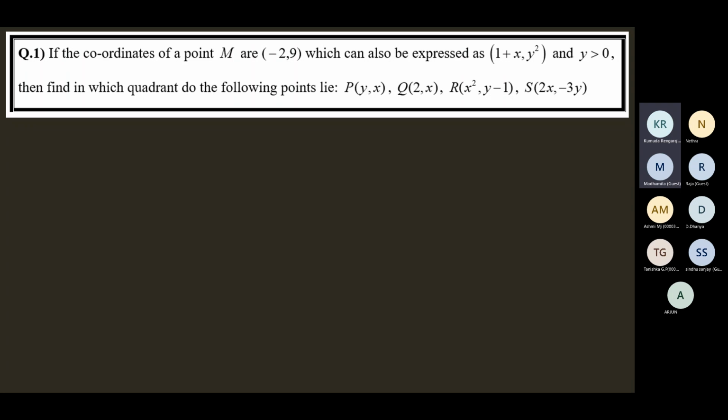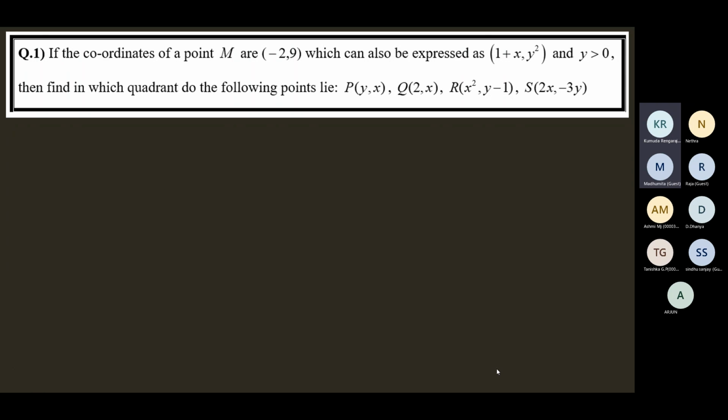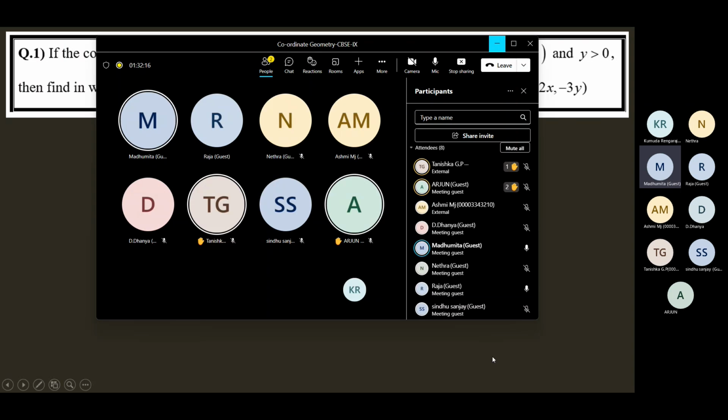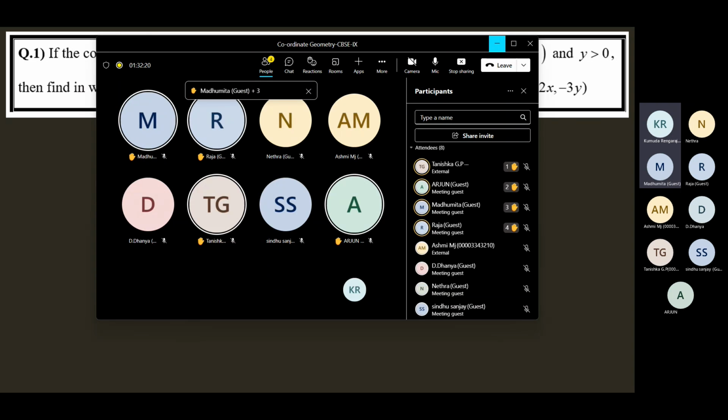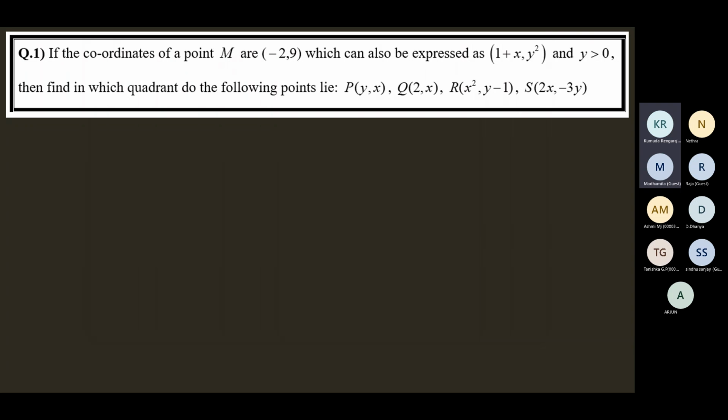Yes, got it? Madhumita, tell me. Ma'am, coordinates of P are (3, -2). Okay, one minute. How many of you got it? Then who else wants to share the answer?